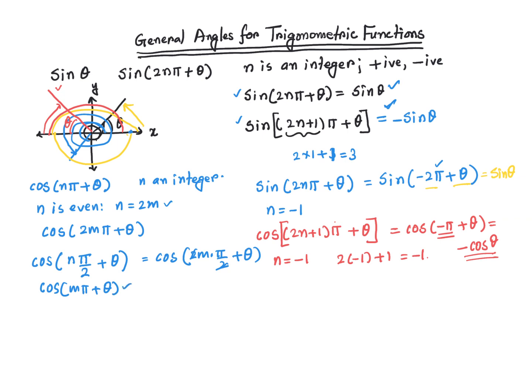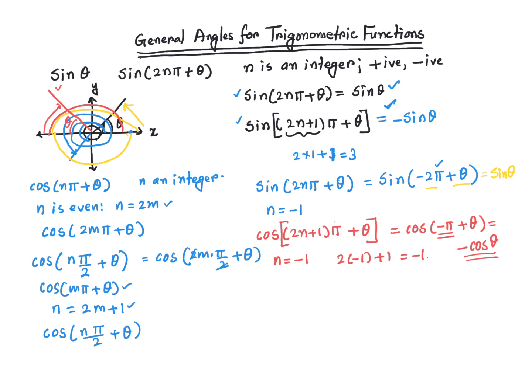But the problem arises when n is odd, that means n is of the form 2m plus 1. In that case, what do you do? So let's say you have cosine of n pi over 2 plus theta. N is 2m plus 1.